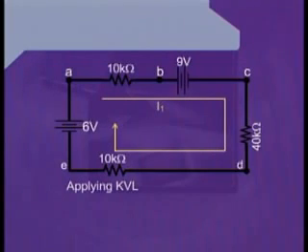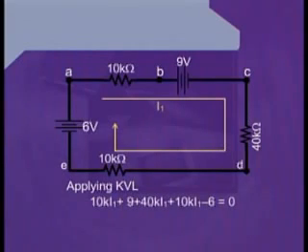Therefore, we can assume that the terminal of the resistance having value of 10 kilo ohm, which is next to the point A, is positive. Therefore, we can write 10K into I1, as we have already declared that the current I1 is flowing through the mesh.